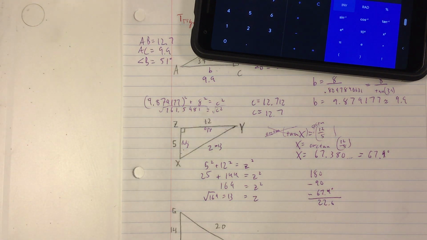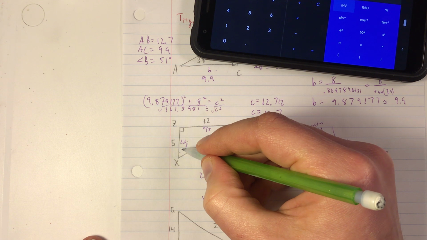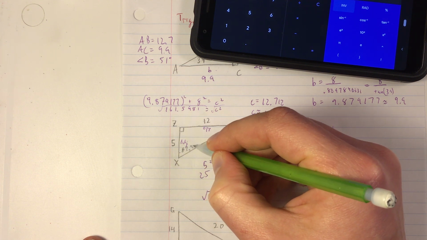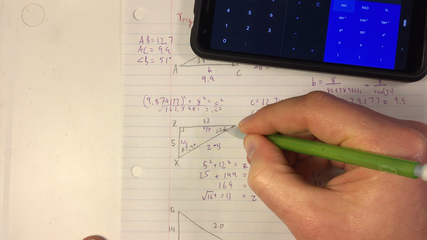So we end up getting that. Where's my other? I can't find my other color, so I'm just going to use pencil here. This angle, we found this angle was 67.4 degrees, and this one was 22.6 degrees.